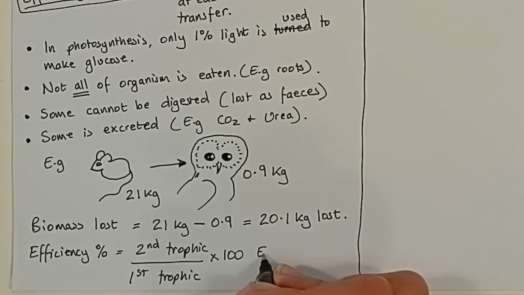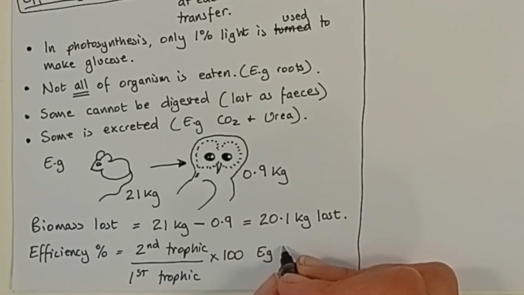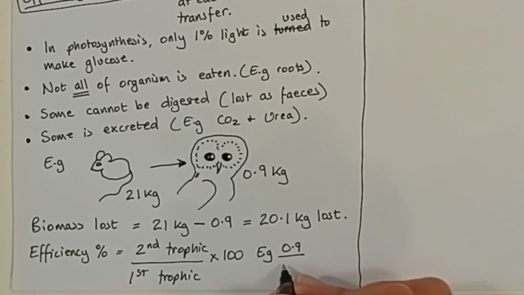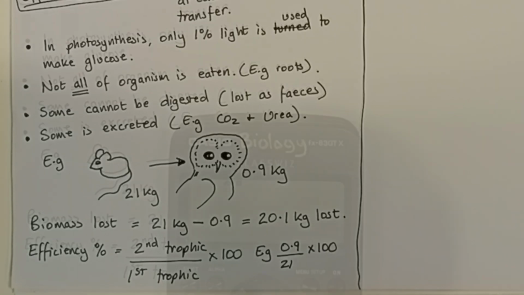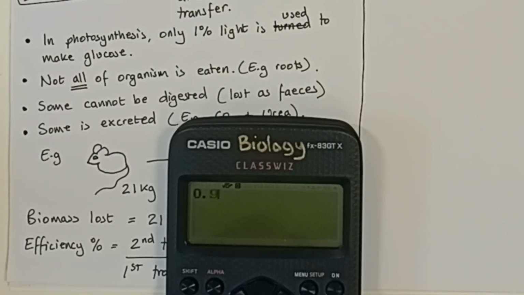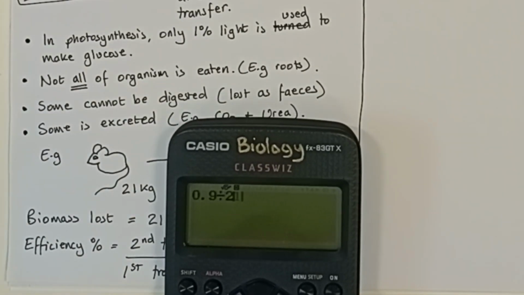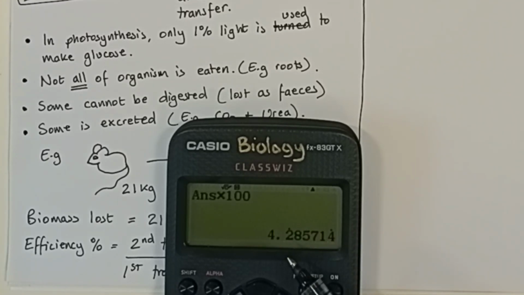So in this case, it would be 0.9 divided by 21 times 100. So 0.9 divided by 21 equals 0.04, times 100 equals 4.3%.